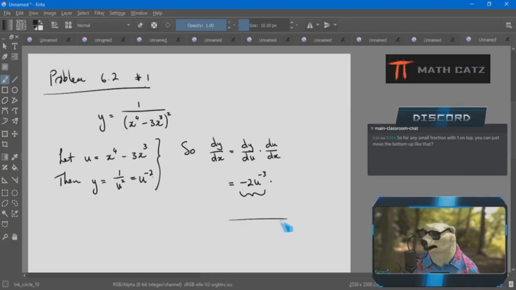If you use the quotient rule on this, it's going to be the derivative of the top, which is 0, times the bottom, minus the top times the derivative of the bottom, over the bottom squared. Because of this 0, this whole thing falls away. Once I clean it up, I'm going to get the same thing. One u cancels with one of those.